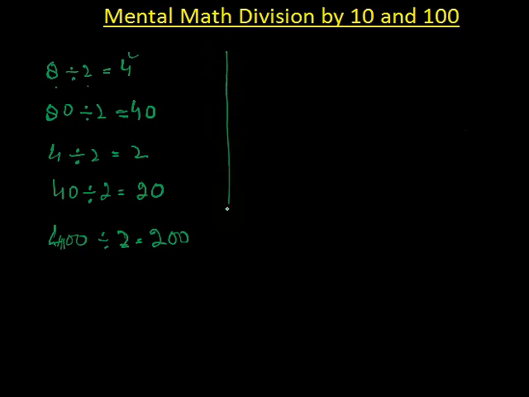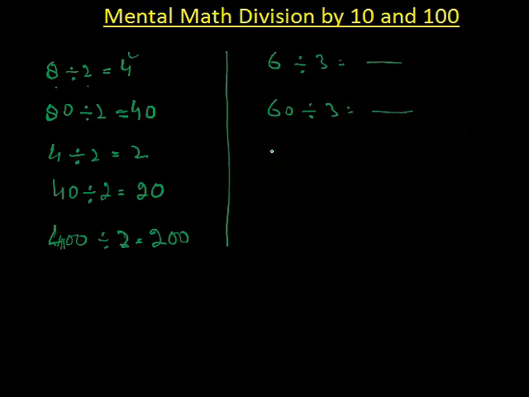Now similarly, I am going to pause the video for a while, just giving you a question, so you solve it yourself. Suppose the number 6 is given and we are asked to divide it by 3, so what would be the answer? Similarly, 60 is given and it is divided by 3, so what will be the answer?